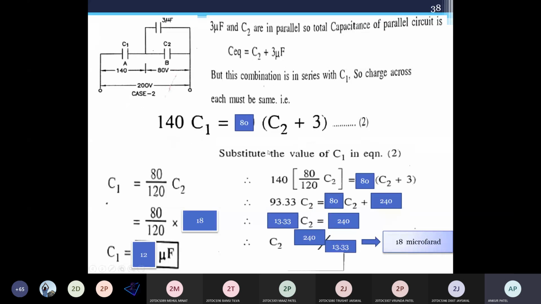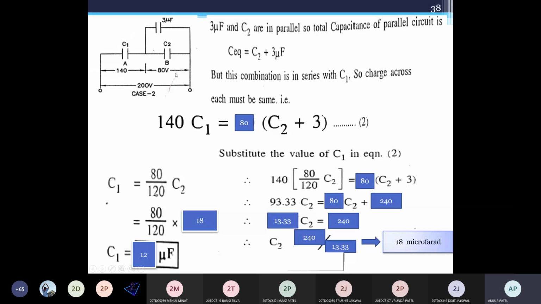Now in the second case, you can see C1 rises to 140 volt and B is shunted by 3 microfarad. So here we are adding a 3 microfarad capacitor in parallel with B. Shunted means we are adding in parallel. You can say shunt connection or it is shunted by this.